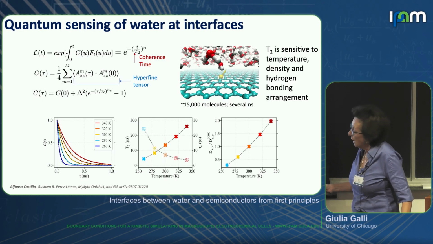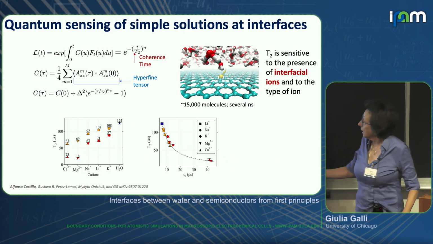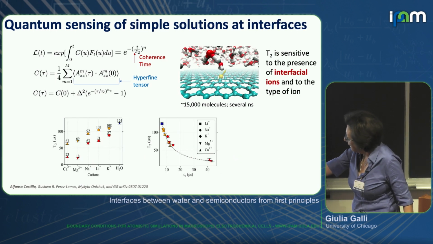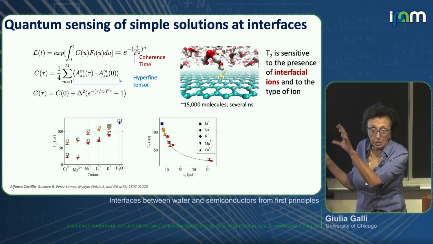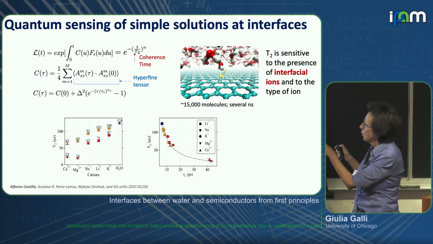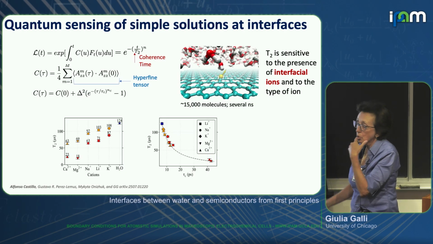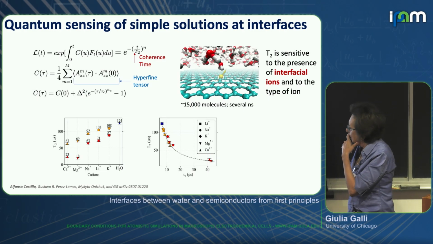And also, within error bars, it is sensitive to the presence of interfacial ions. So by measuring this T2, you could tell experimentally which kind of ions are present at the interface.